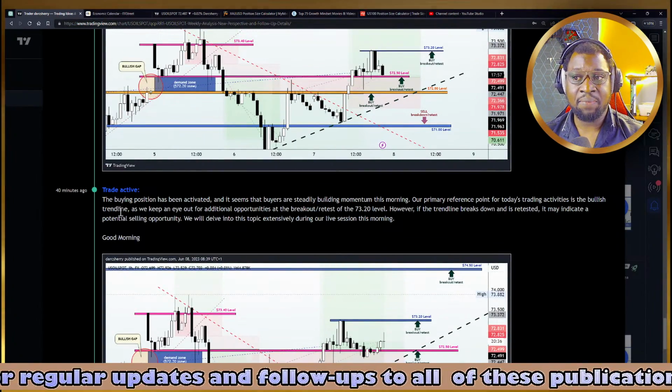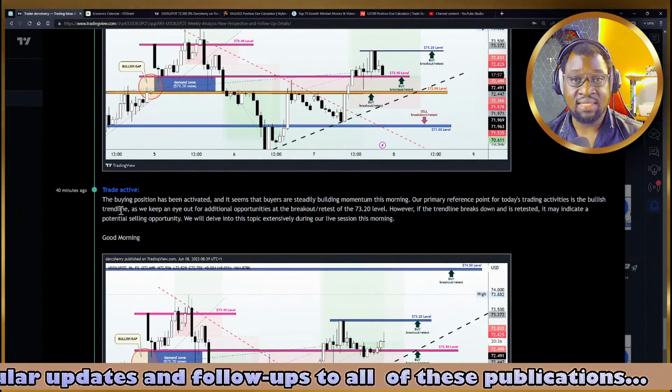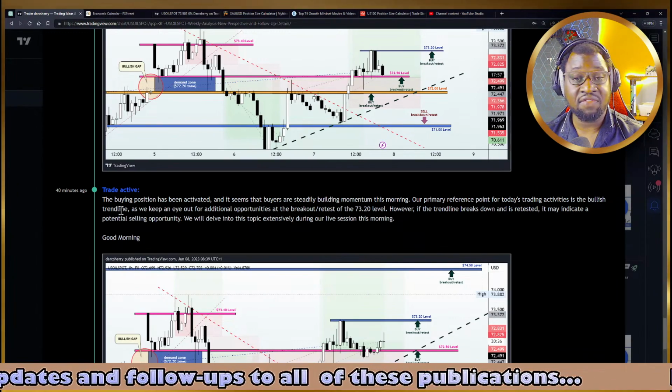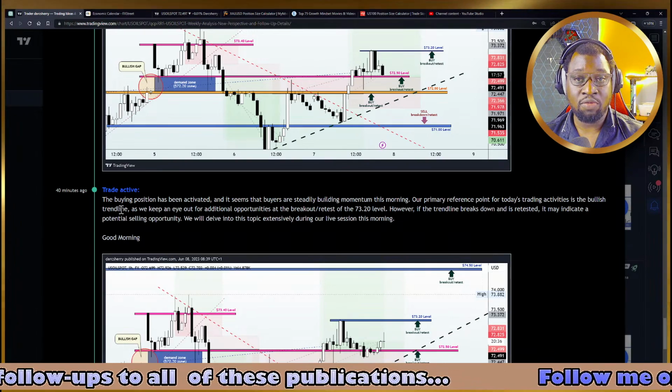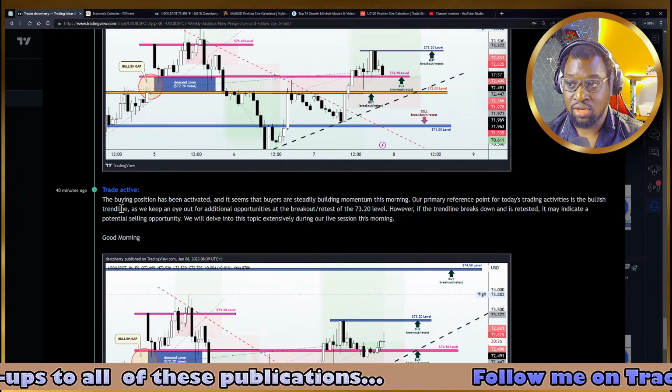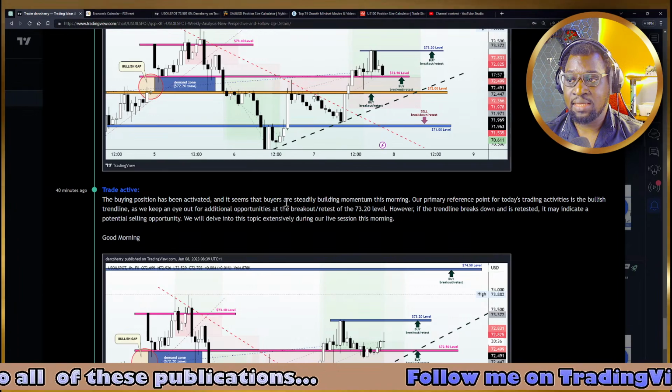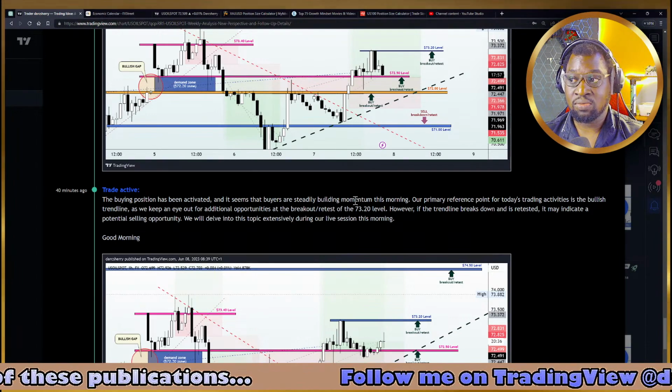I said the buy position has been activated, that is above the $72.50 level one more time. I think this will be the second time price action will be activated above the $72.50 level. And it seems that buyers are steadily building momentum this morning.